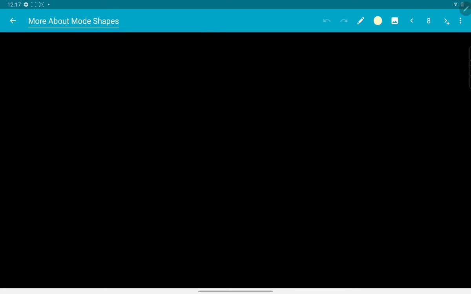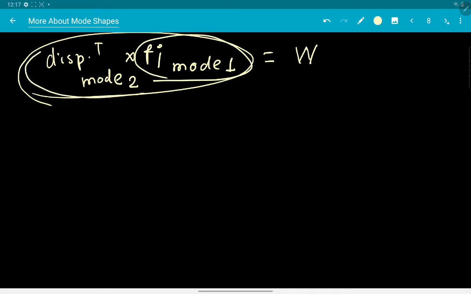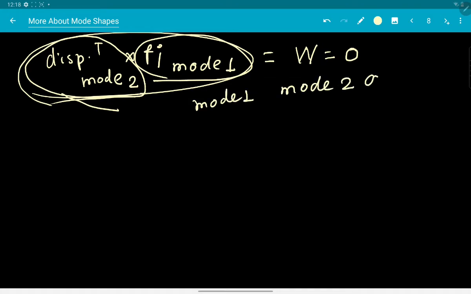It's like inertia force when mass is vibrating in mode 1 pre-multiplied by transpose of displacement when mass is vibrating in mode number 2. So this multiplication gives you energy or work done by this force, and you will be able to see that it comes out to be equal to 0, and therefore we say that mode number 1 and mode number 2 are orthogonal.